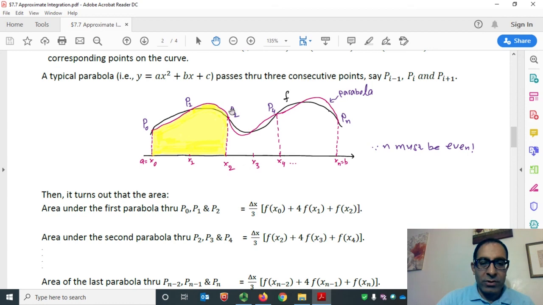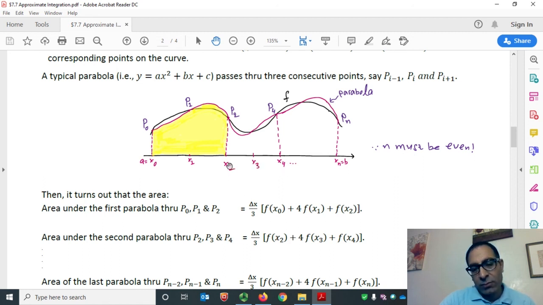So it turns out that the area of the first parabola through P0, P1, P2 is delta x over 3 times the height at x0 plus 4 times the height at x1 plus the height at x2. Here I did not derive the formula, it's given in the book. I just gave you the formula here. Similarly, the area under the second parabola, which passes through P2, P3 and P4, is delta x over 3 times f(x2) plus 4 times f(x3) plus f(x4).